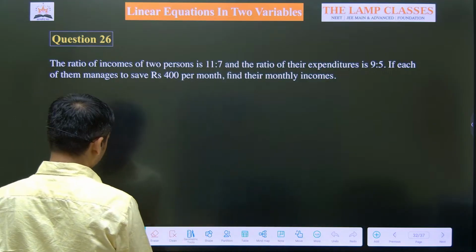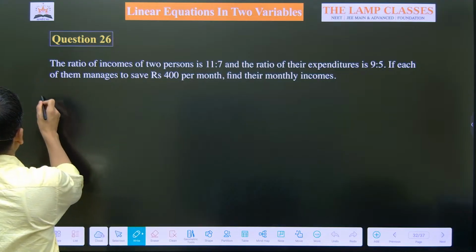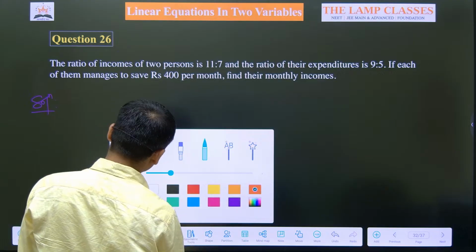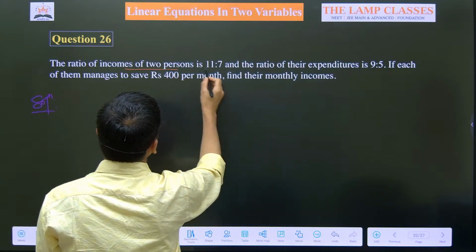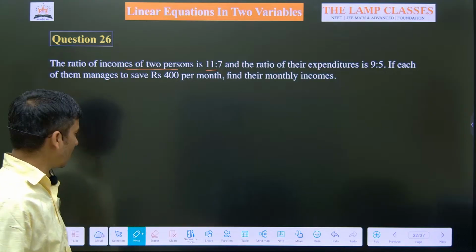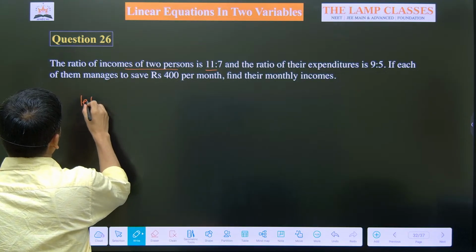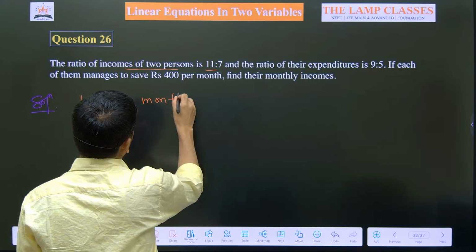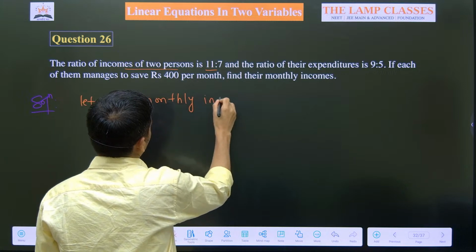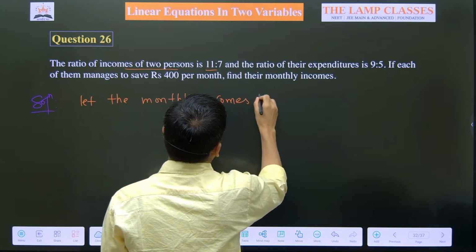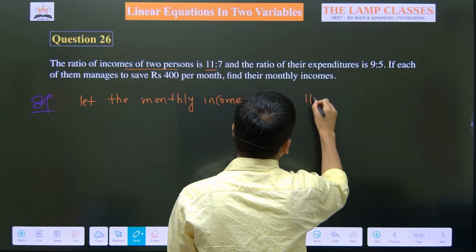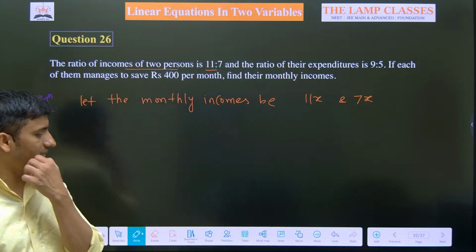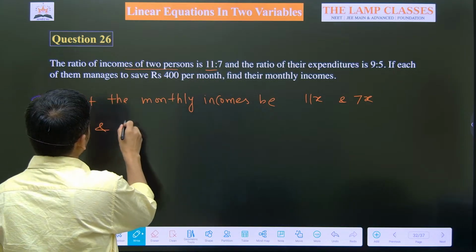So let's frame the equations. The ratio of monthly incomes of two people is 11:7. So can we start? Let the monthly incomes be 11x and 7x, right? Whenever they give you the ratio, we can name them 11x and 7x.